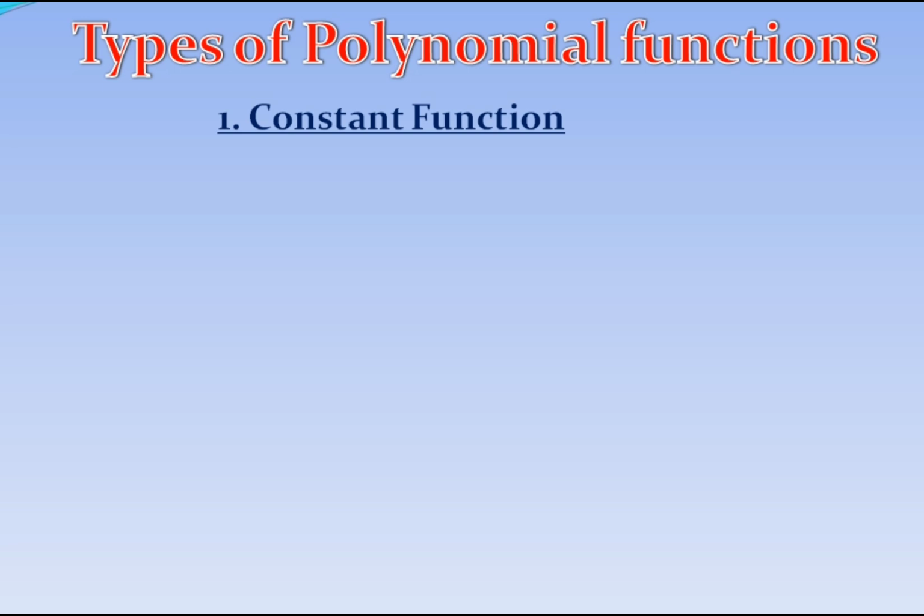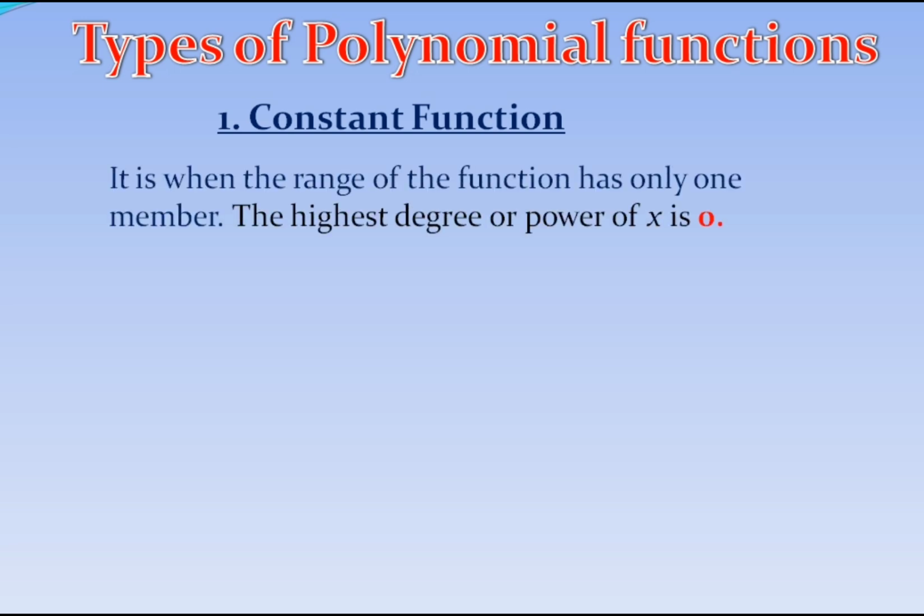Now for a constant function, we are saying that this is when the range of a given function has only one member. Yes, when the range of a given function has only one member, then we can call it a constant function. Now in a constant function, the highest degree or power of x is 0.